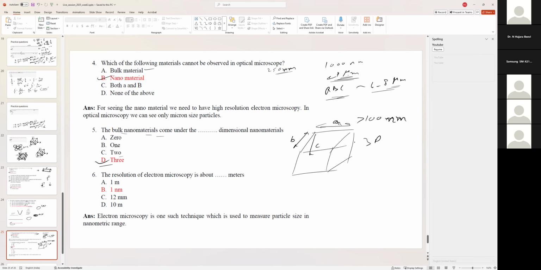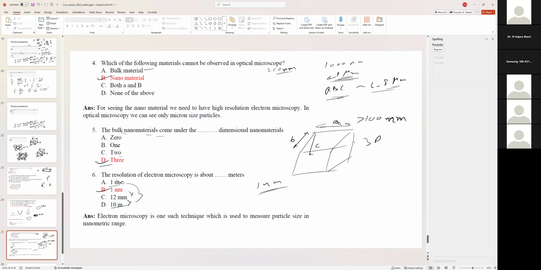The resolution of electron microscope is around... electron microscopes can see really small particles, nanometer, millimeter. These all can be seen by optical microscopes too. Meter, 10 meter class, you can see with your own eyes.